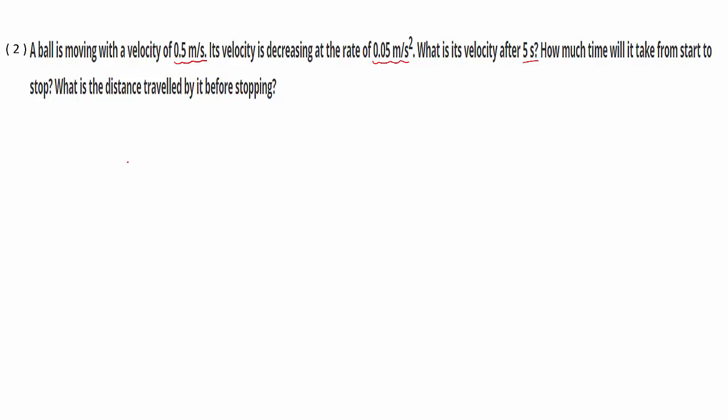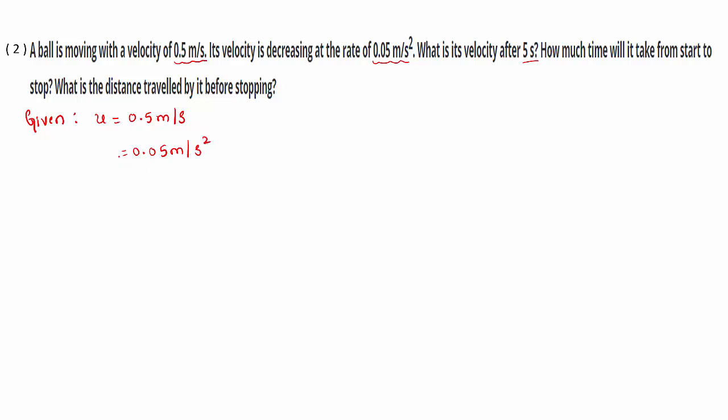So first we have to write the givens. A ball is moving with a velocity, means initial velocity of the ball is u equal to 0.5 meter per second. Its velocity is decreasing. So final velocity we don't know. Leave it. But here it is decreasing at the rate of 0.05 meter per second square.